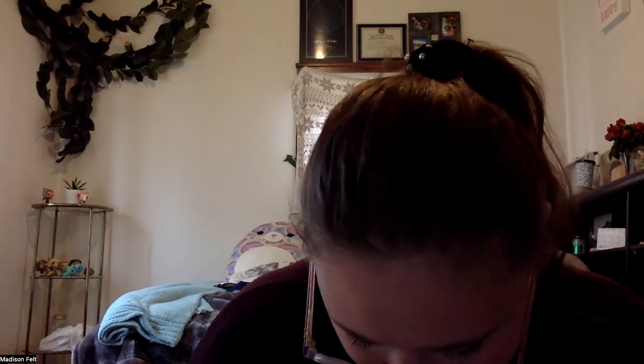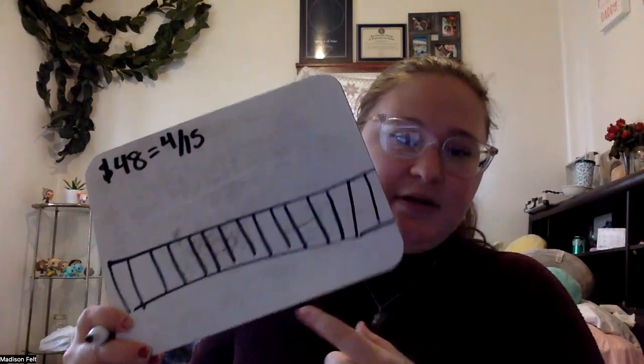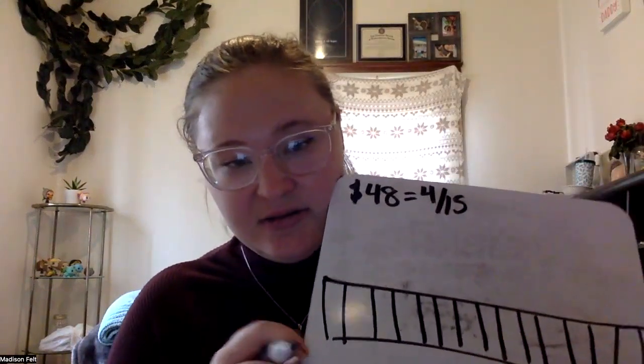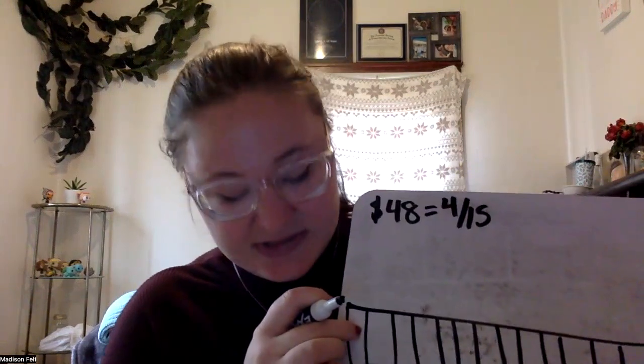Okay. 1, 2, 3, 4, 5, 6, 7, 8, 9, 10, 11, 12, 13, 14, 15. Okay, so it's not very even, but there are 15 15ths in here. So each of these represents 1/15.